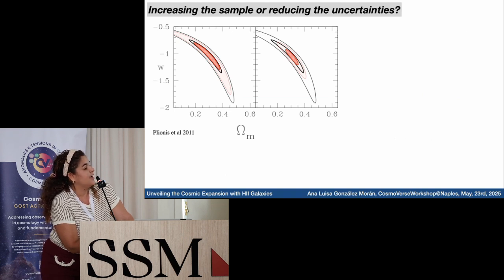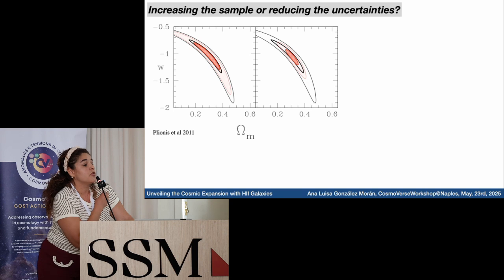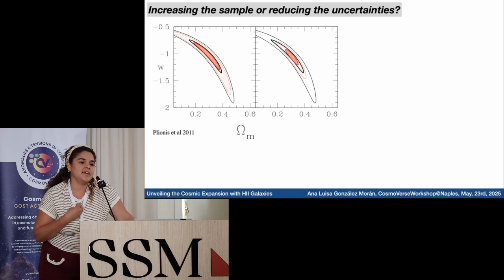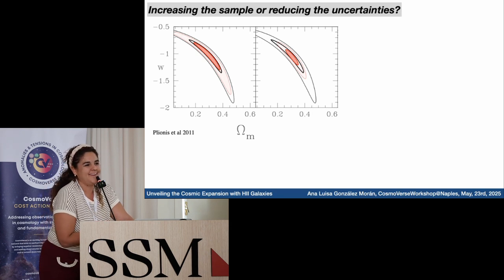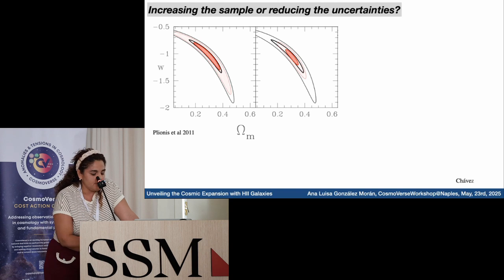But when we increase the sample using the same redshift range, the results that we can obtain are shown on the right panel. Here you can see that it is more important to increase the data than to reduce our uncertainties. But of course, I would like to do both. And I think that this is something that we can do.